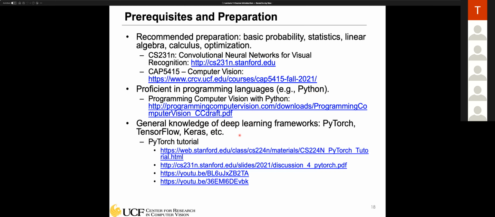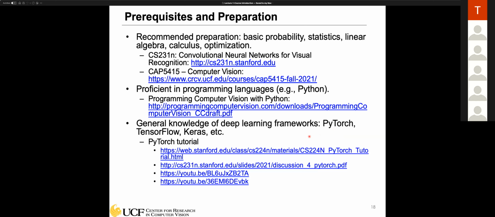Yeah, and next some general knowledge of the deep learning frameworks: PyTorch, TensorFlow, Keras. I think nowadays PyTorch is widely used in academia, so it's very easy to use and prototype your algorithm. They also have very good documentation for reference.